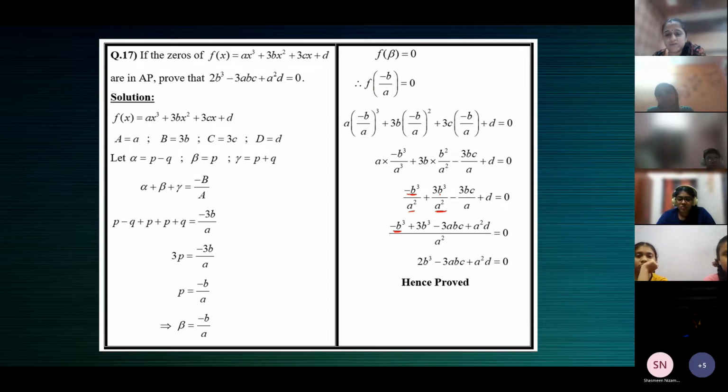This is also a square, so you will get plus 3b cubed. Here there's only a, so you should multiply this one by a, because a square is the common denominator. So you will get minus 3abc. And here you will have to multiply by a square, just the way you do the LCM.